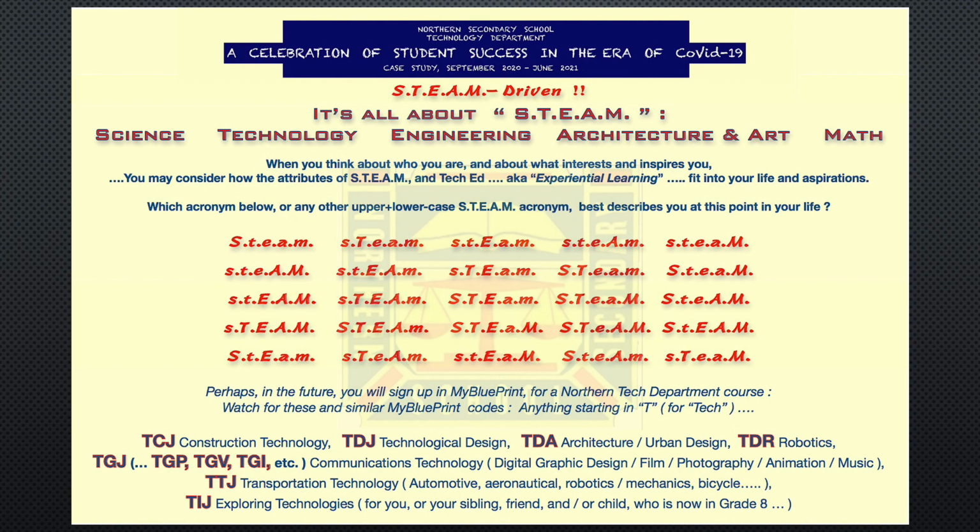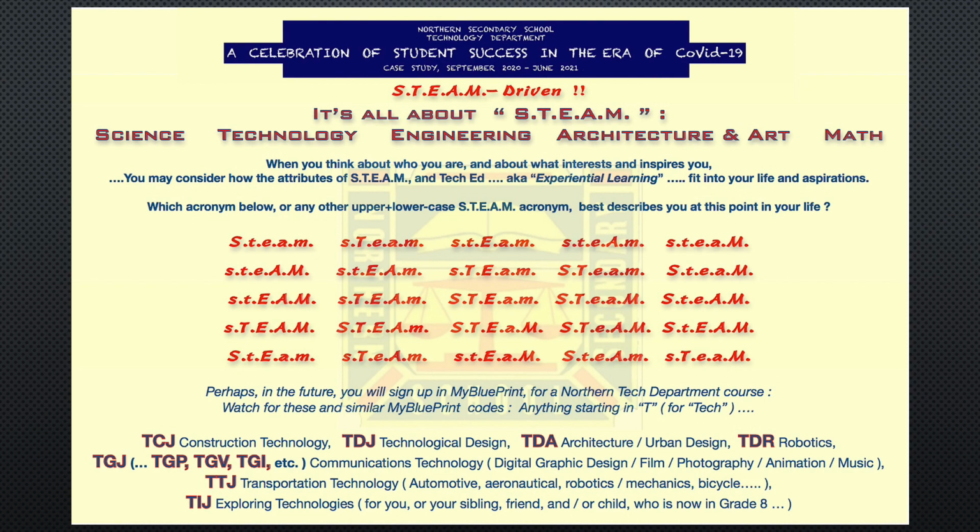So Northern's tech department is STEAM driven. Within that, when we look at these acronyms, we see that some have different combinations of upper and lowercase letters. The uppercase letter indicates a more profound interest in that element of STEAM.